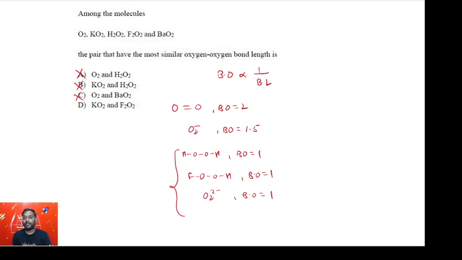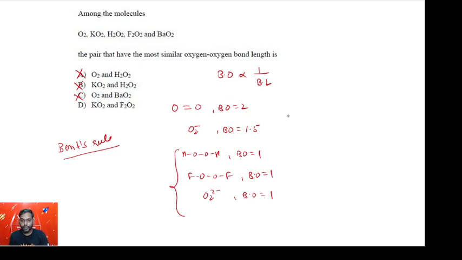But in case of F2O2, due to the difference of electronegativity, due to the presence of electronegative element F, Bent's rule says that an orbital bonded to an electronegative atom will have increased p character.